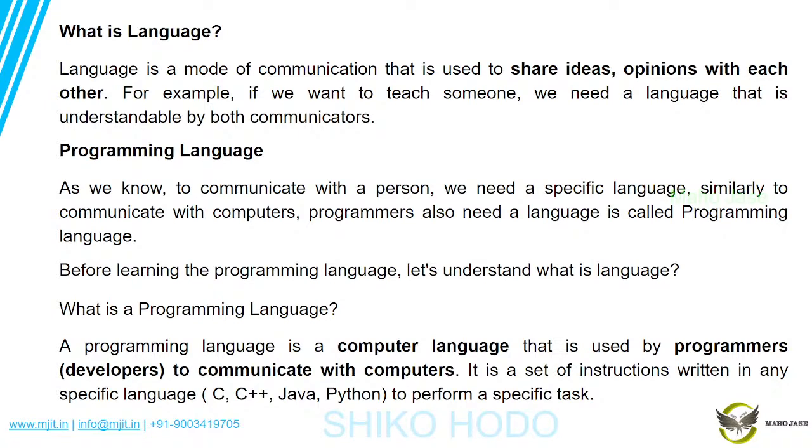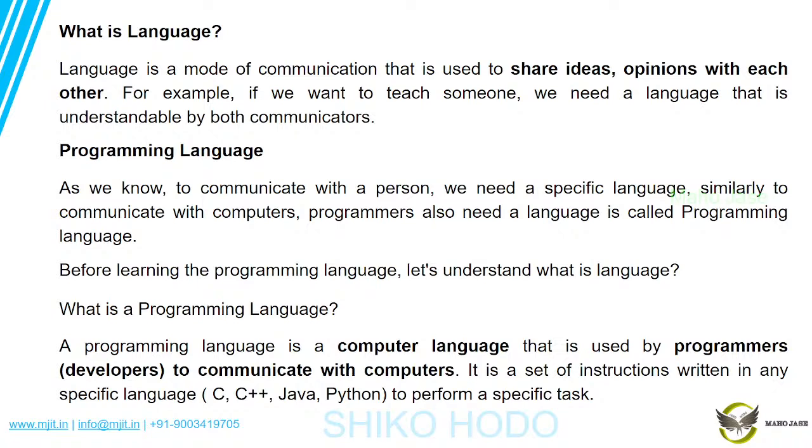A programming language is a computer language that is used by programmers or developers to communicate with computers. Because if the computer has a different language and the person has a different language, it is unable to see the files, store the data, play the music, or play the game. So there is one common thing that allows us to communicate with the computer.